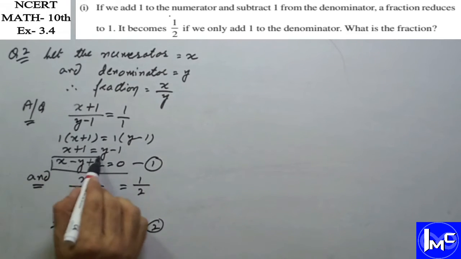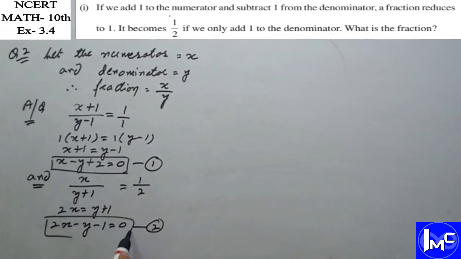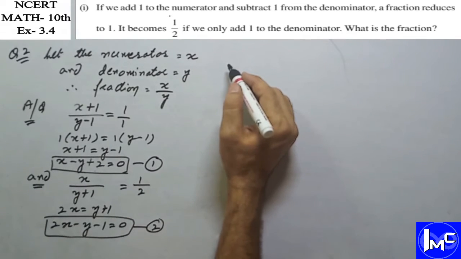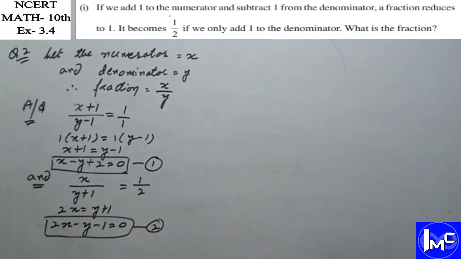These are our required equations for this problem. Now we will take these two equations and we see the coefficients of y are already equal, so there is no need to multiply each of the equations with the coefficient of each other.